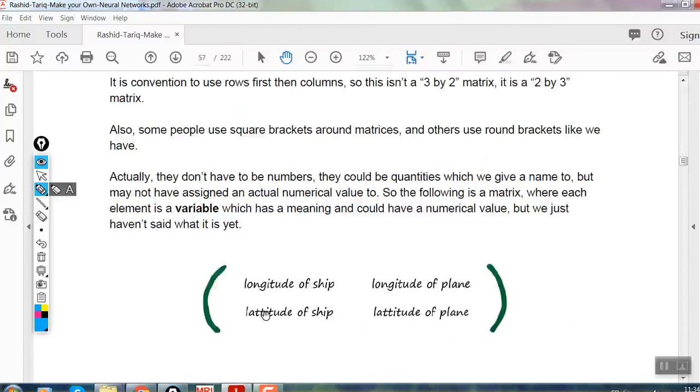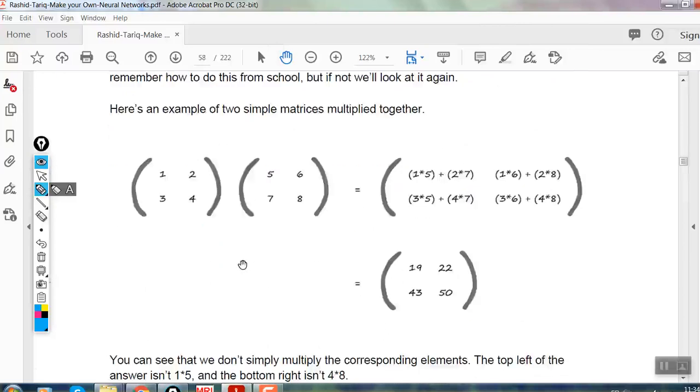Besides, in computers, the matrix is defined in all software.